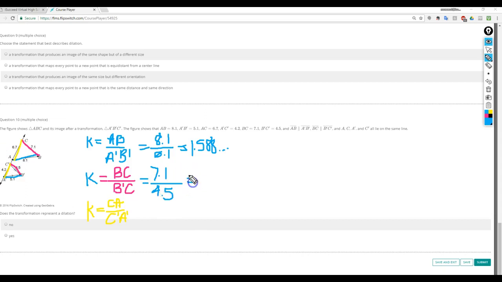And that's going to come down to 1.57. And I can stop right here because these two scale factors do not match. So since they do not match, it is not a dilation.